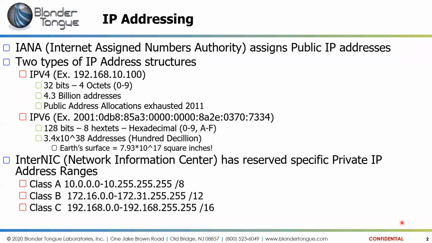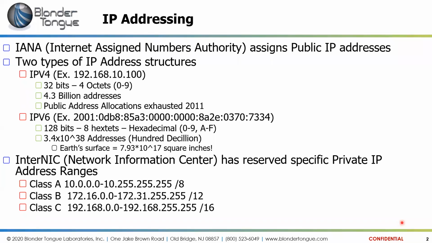With that 128 bits, ranging from all zeros through all Fs, it winds up producing 3.4 times 10 to the 38th. So 3.4 and then 38 zeros after it, which comes out to about 100 decillion addresses.